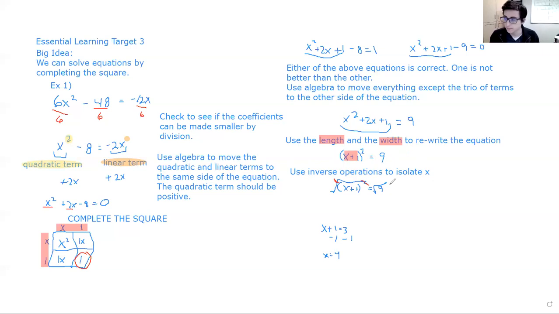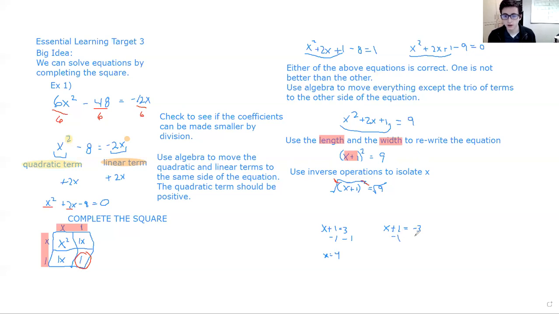So how do we deal with that? When we cancel the exponent of 2, we need to do something to make up for the fact that we got rid of a solution. So we're going to make 2 equations, like so. x plus 1 equals -3.